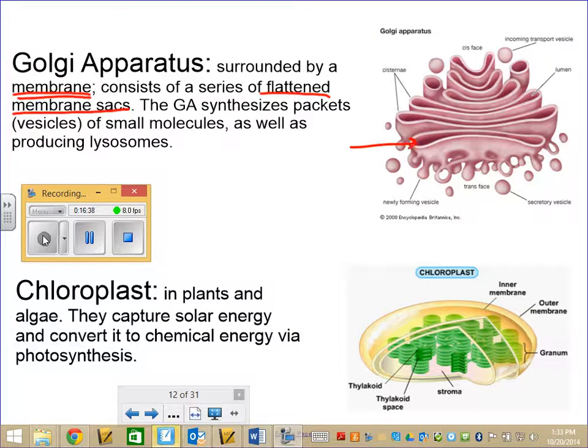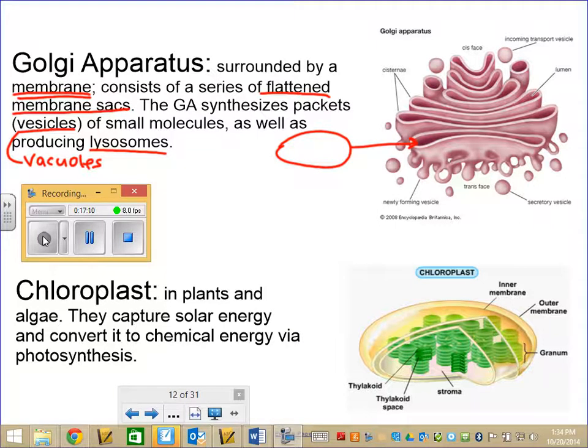So if I look at one of these, it looks like it used to be a circle, and then someone stepped on it and it got squished. The Golgi apparatus's job is to synthesize packets, vesicles, or vacuoles, or really any other small little circular pouch that contains things like lysosomes.